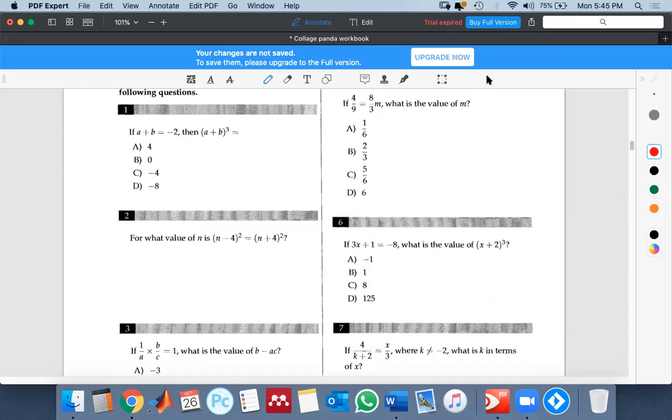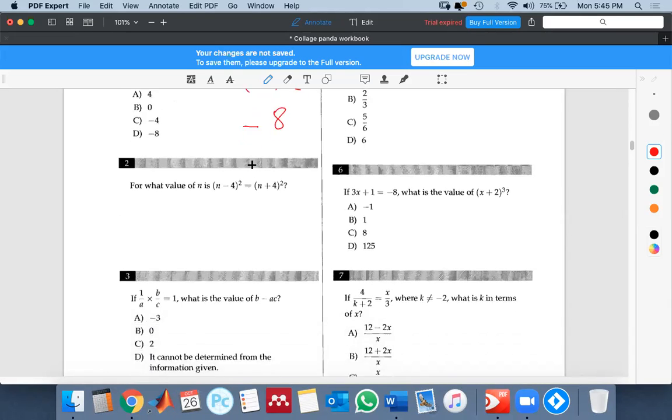Yes, that's it, -8. Finished. I hope you are not opening these parentheses, right? Don't open. A plus b is given as -2. So instead of this, write -2 cubed. First of all, since the power is an odd number, the result must be negative. And then 2 to the power of 3 is 8. That's it. Finished.